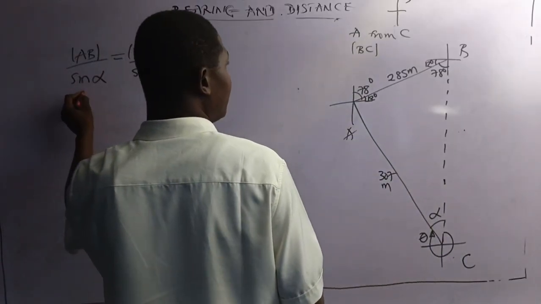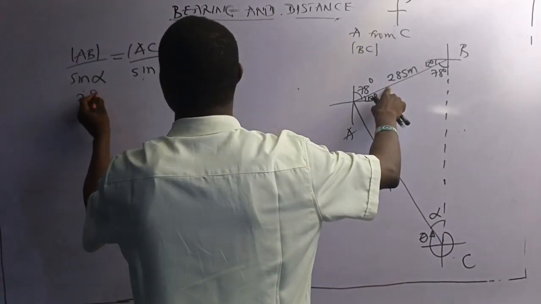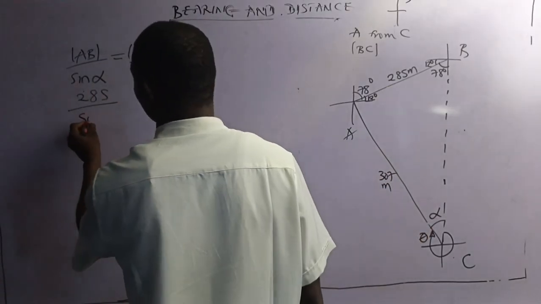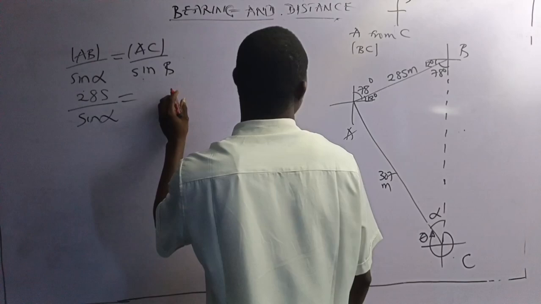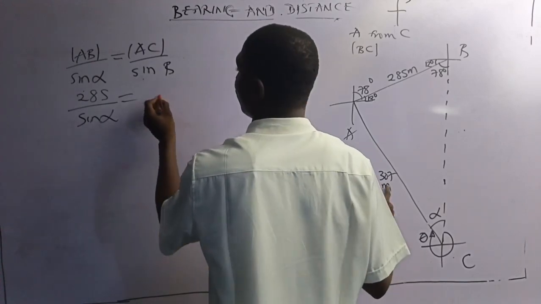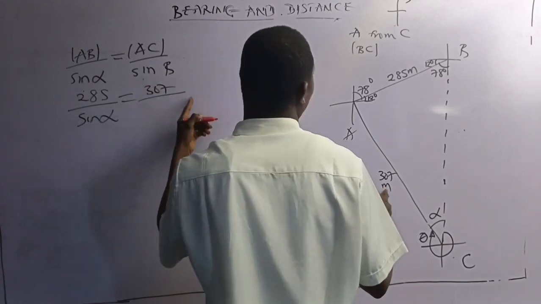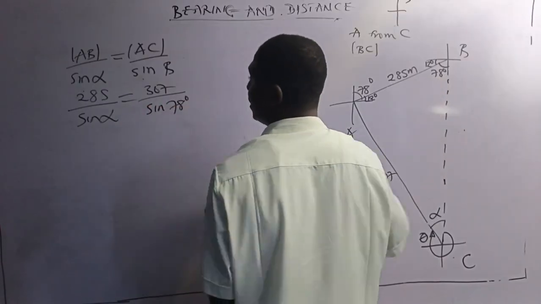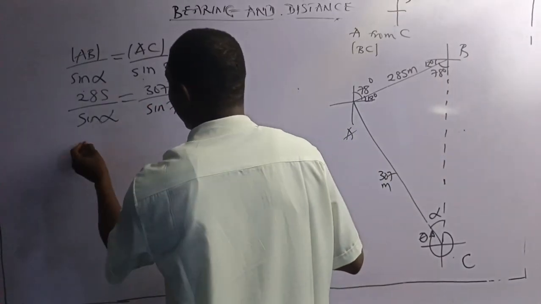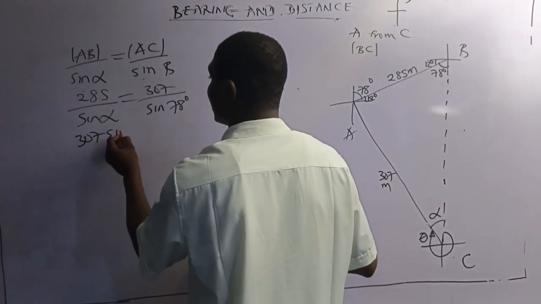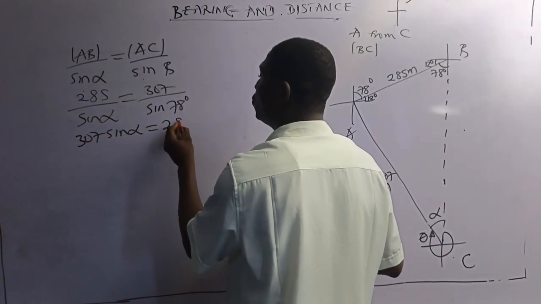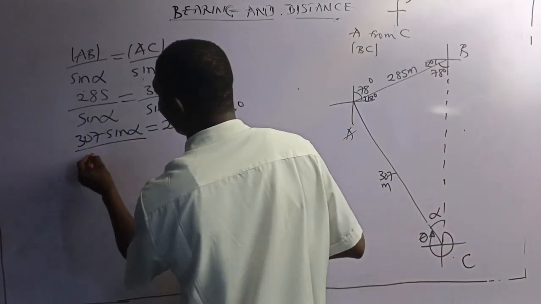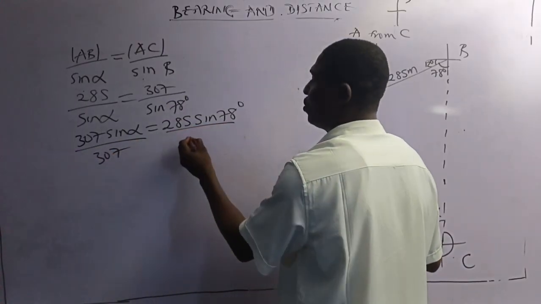So we have AB, which is 285, over sine alpha, by the question, equals AC. AC is 307 over the angle B, which is 78 degrees. Now if I cross multiply, I'll have 307 sine alpha equals 285 sine 78 degrees. And I'll divide through by 307 since I'm looking for alpha.